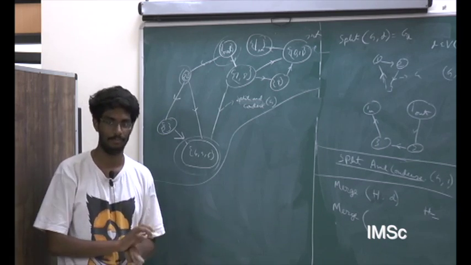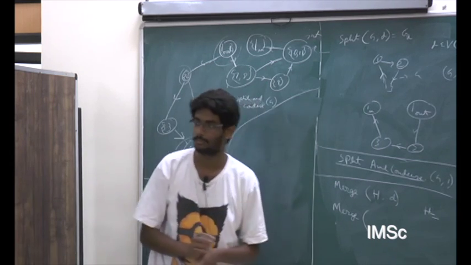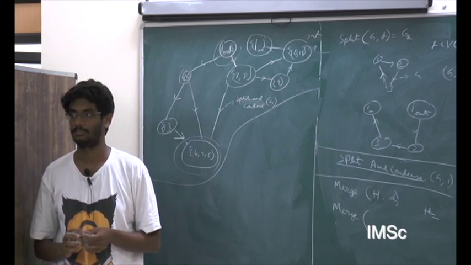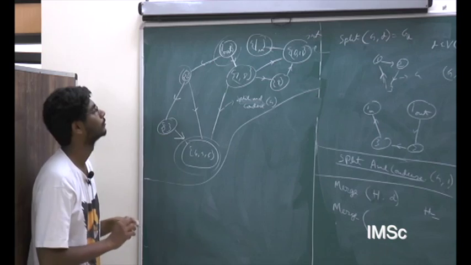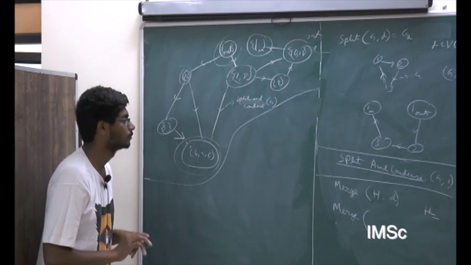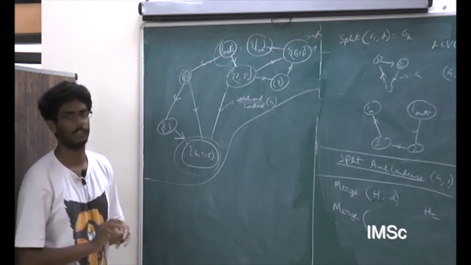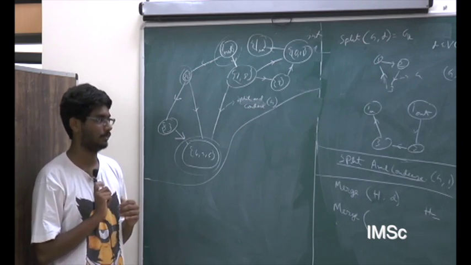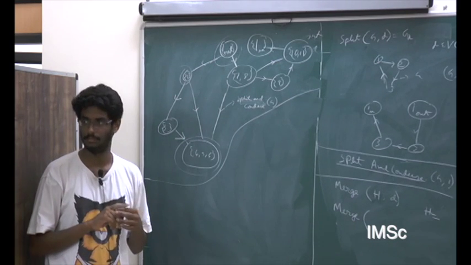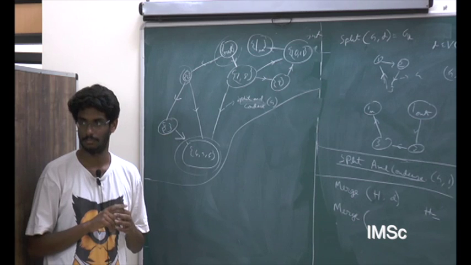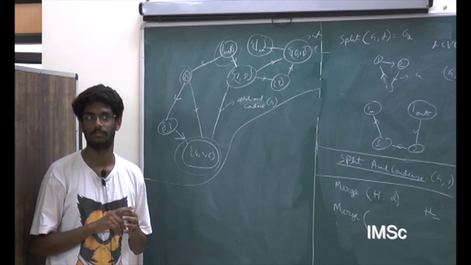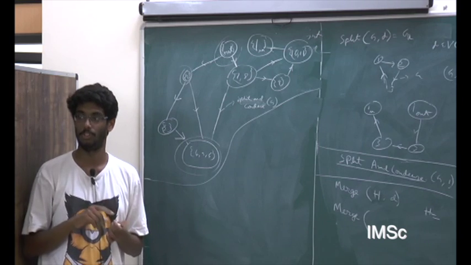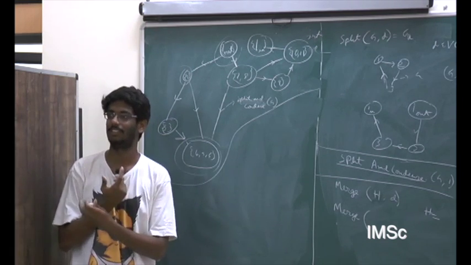So if you want to actually get condense of G back, you can do downward reachability from 1 out and upward reachability from 1 in, take their intersection, and merge them. But we don't want to spend that much time.